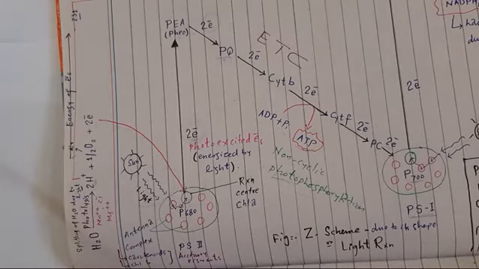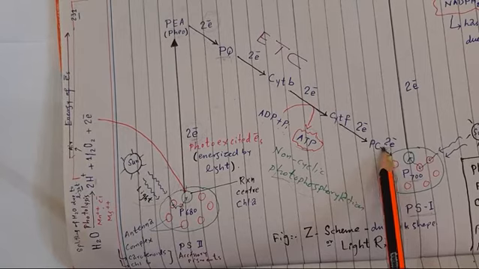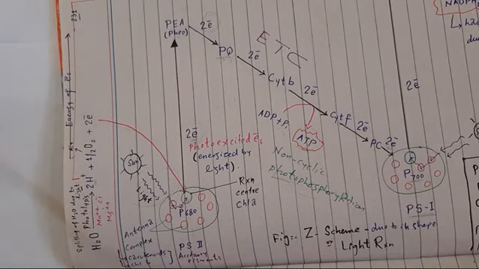While on the other hand, the electron deficiency of photosystem 1 has been filled by the two electrons coming from the photosystem 2.